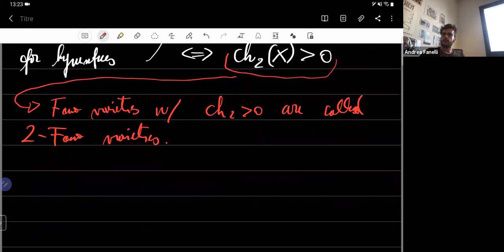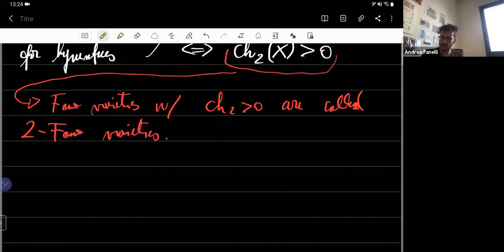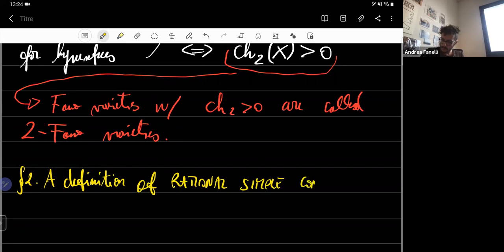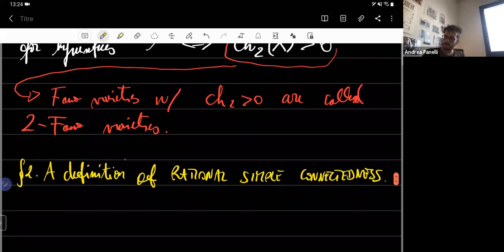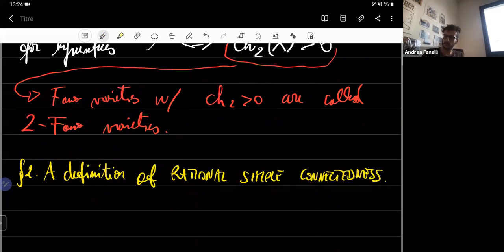Okay, so let's try to write down a definition now, since we did a little bit of introduction. Let me fix a little bit of notation here.